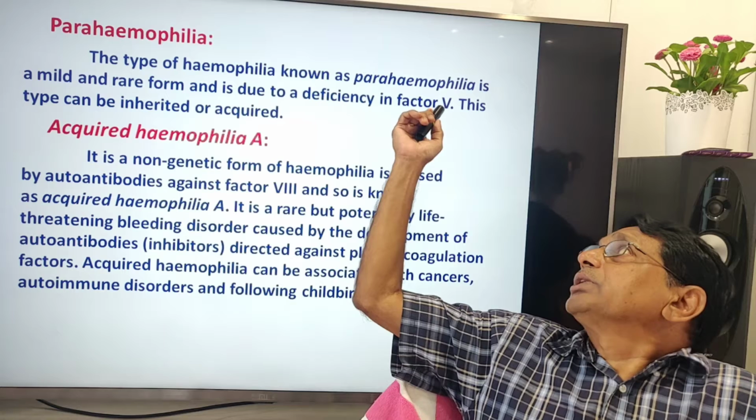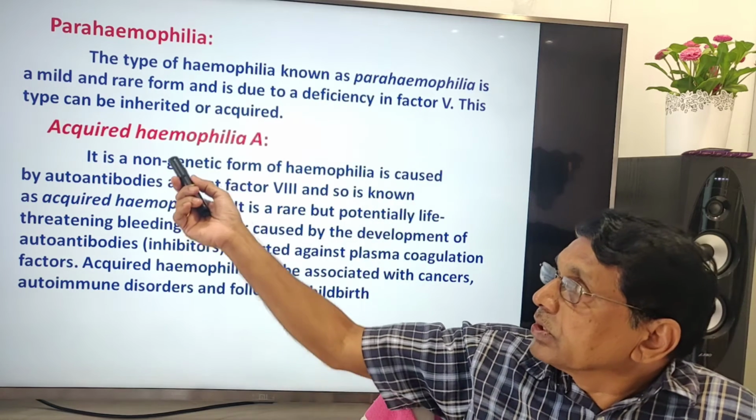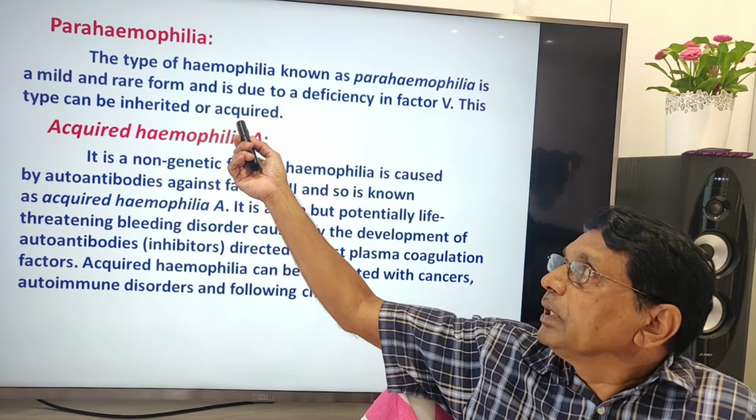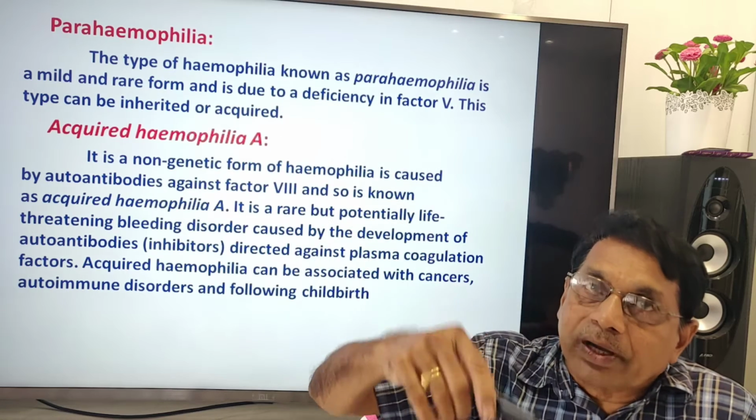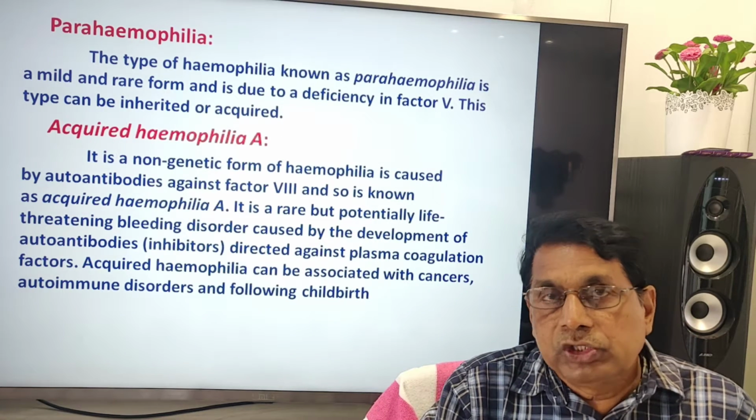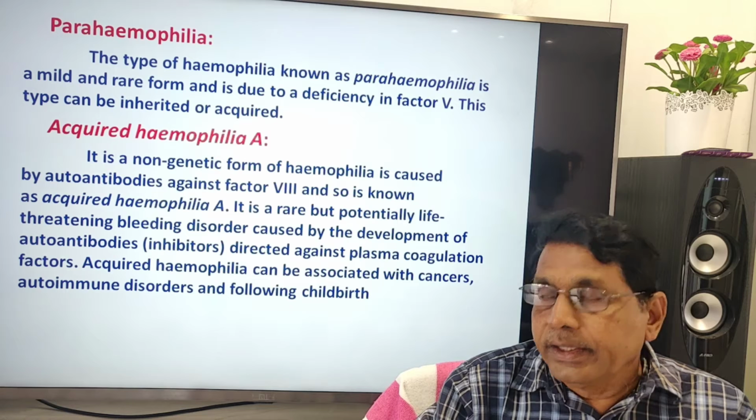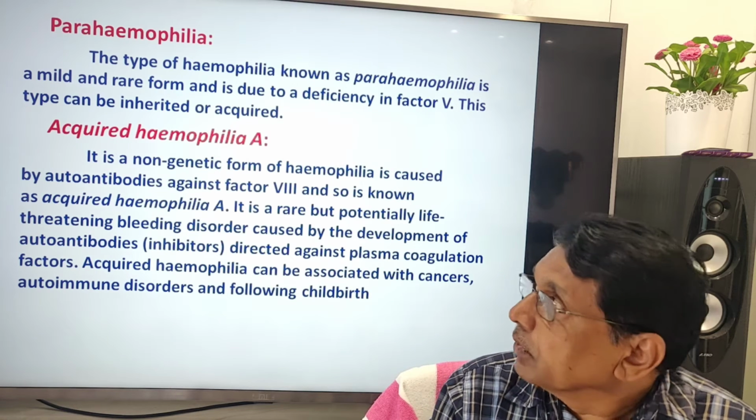One of the factors here is factor V. This type can be inherited or acquired. Genes will be normal, sometimes it is acquired during the lifetime.